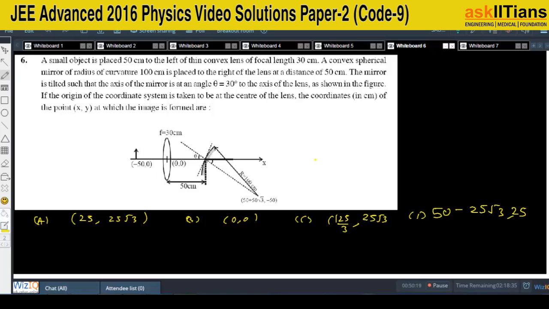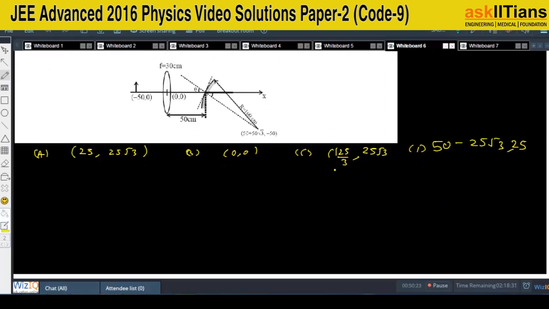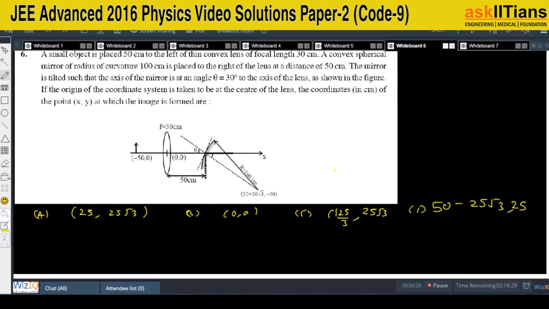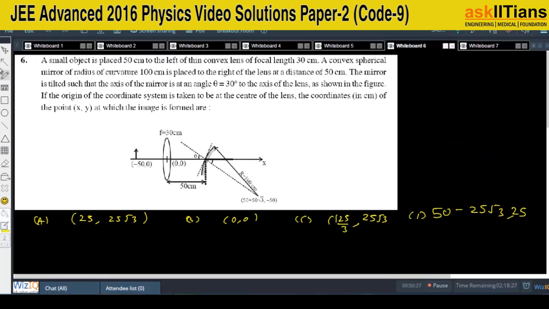So in this question we would like to draw the diagram like this, or we can say that if we consider a ray diagram for this part, rays coming in will bend, will strike and return back to the space.